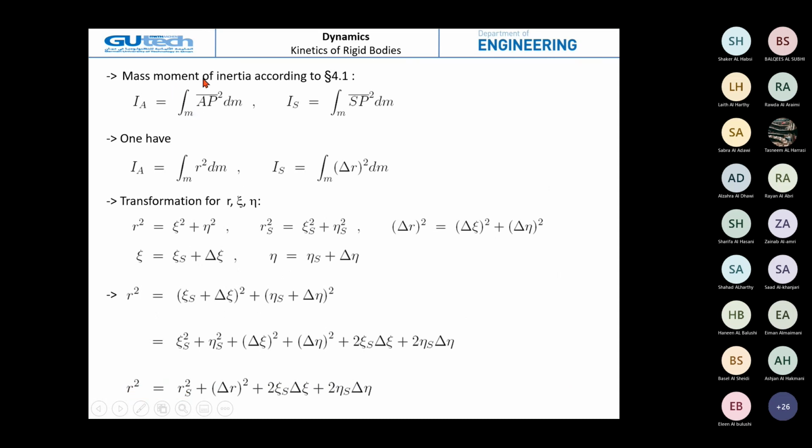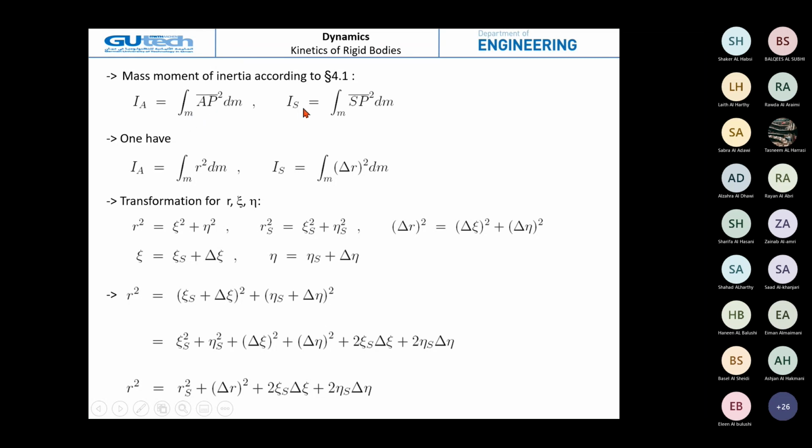Now, the mass moment of inertia, according to what we have seen before, IA is the distance between the point A and P, squared, dm. This is by definition.